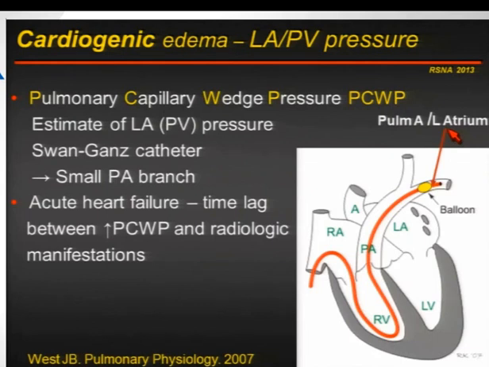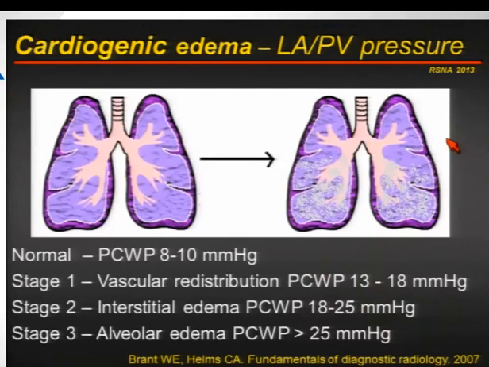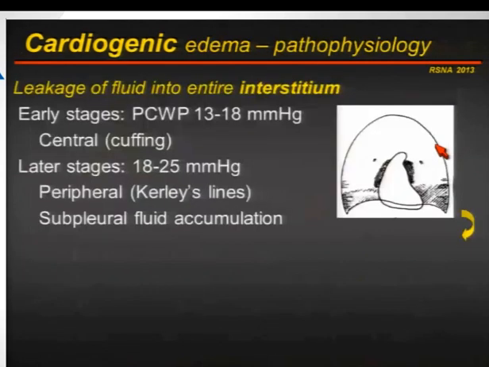It's important to mention that in acute heart failure, there is a time lag between the actual increase in the pulmonary capillary wedge pressure and the radiological manifestations that we can see on chest radiograph or CT. The pulmonary capillary wedge pressure corresponds very well to the severity of the pulmonary edema. Thus, in the beginning, with only vascular redistribution present, the pulmonary capillary wedge pressure is in the range between 13 and 18 millimeters of mercury, and when alveolar edema is already present, it exceeds 25 millimeters of mercury.